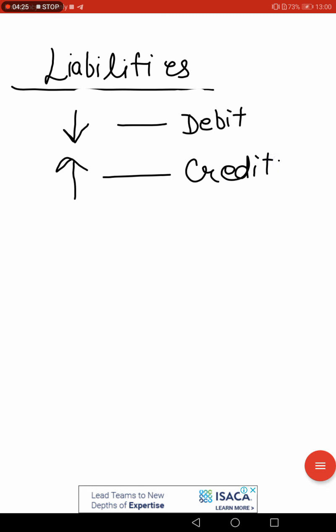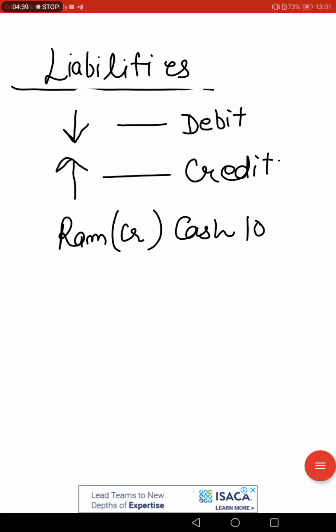Done. So let's suppose you are making the payment to Ram. Ram was your creditor and you are paying cash to him worth rupees 10,000. So in this case, one account is Ram, another account is your cash.